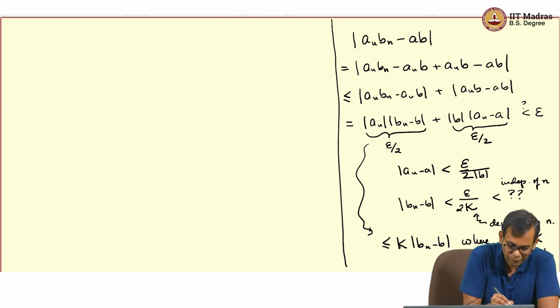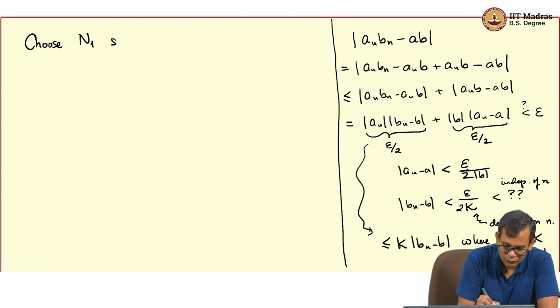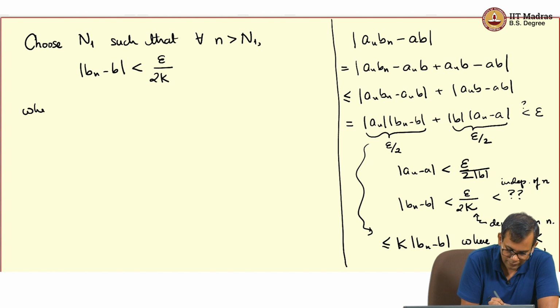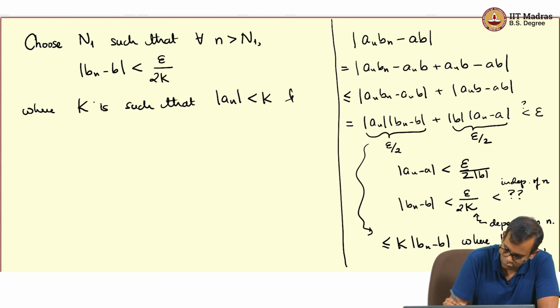So now choose capital N1 such that for all n greater than capital N1, we have the absolute value of b_n minus b less than epsilon divided by 2k, where k is a bound for the sequence a_n. So k is such that the absolute value of a_n is less than k for all natural numbers n.